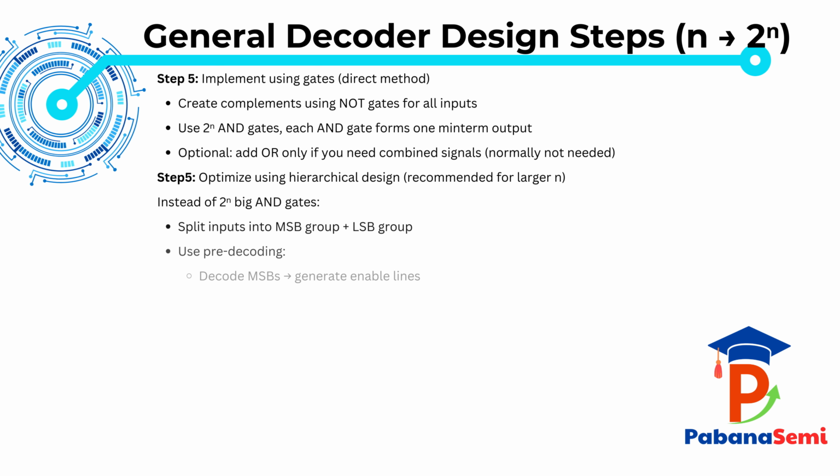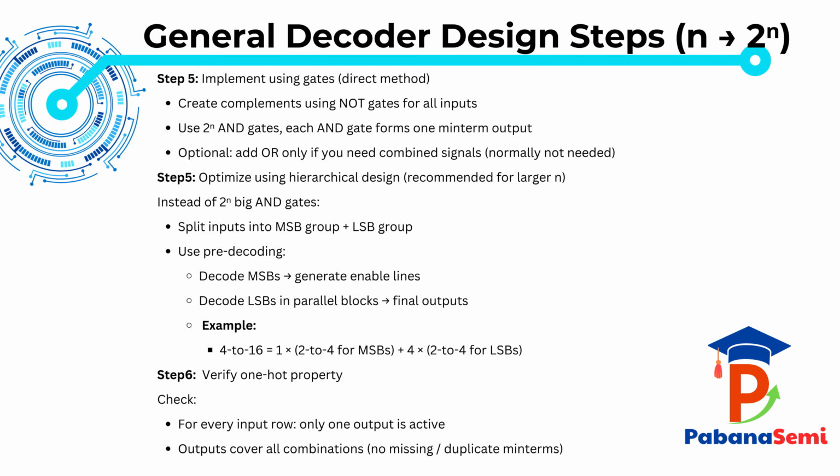Now let's continue with Step 5 and Step 6 of the general decoder design. Step 5 is implement using gates, the direct method. Once we have the Boolean equations, implementation is straightforward. First, we create the complements of all inputs using NOT gates, like A prime, B prime, C prime, and so on.